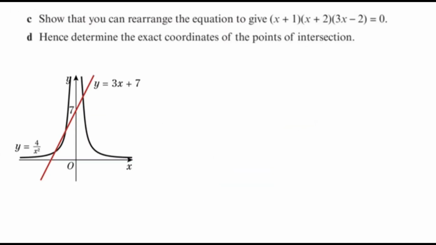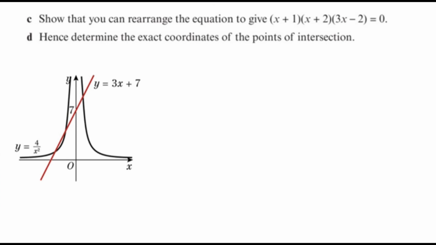Show that you can rearrange the equation to give this is equal to 0. So here we have to expand these brackets and we have to write the equation which is 3x is equal to 4 over x squared.